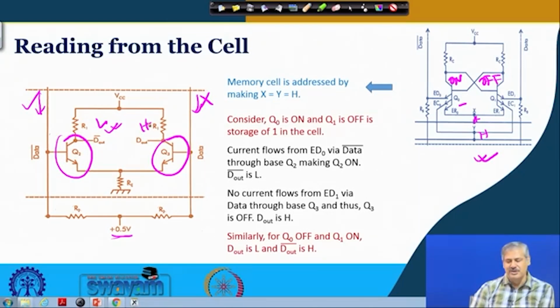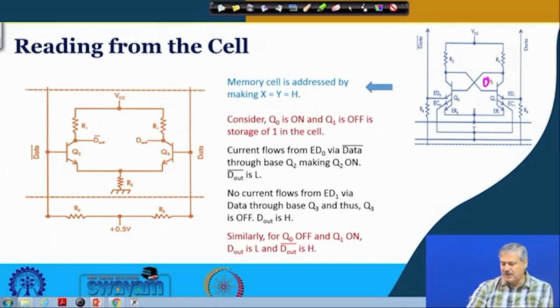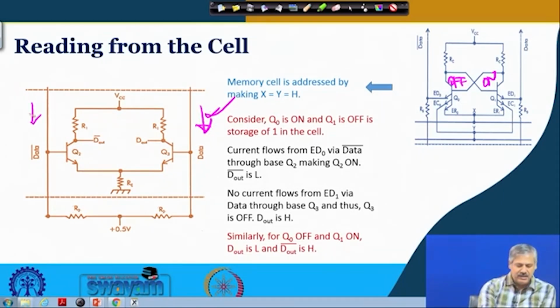Is it all right? So, Q naught is on, then the data read through D out is high. So, that means a storage of 1 is there for such configuration, on and off. Is it clear? In contrast, had been the case that this is on and this is off, then current would have flown in this direction, and it would not have flown in this direction because this is off.